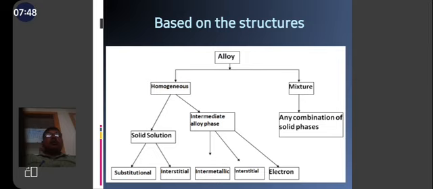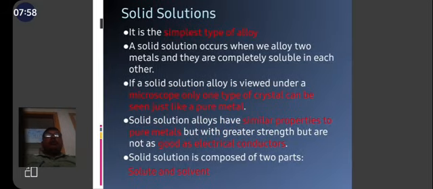Based on the structures: first alloy, homogeneous, then mixture. Solid solutions, already seen, are the simplest type of alloy. This occurs when we alloy two metals and they are completely soluble in each other.